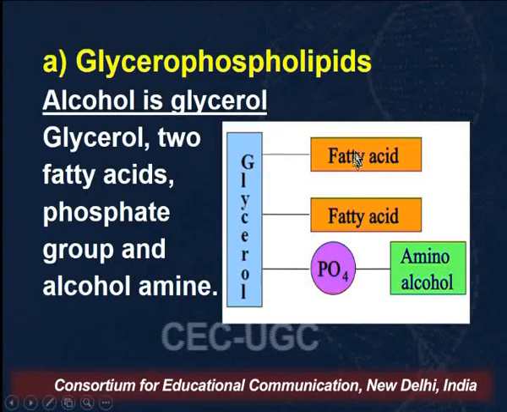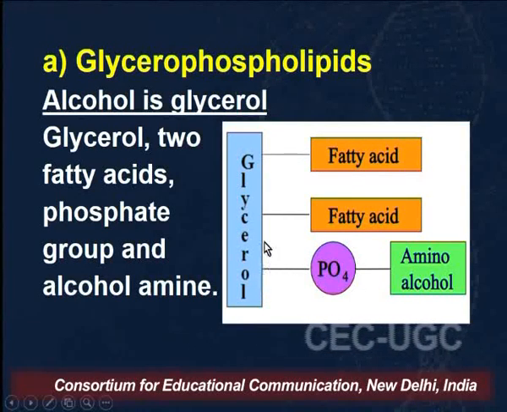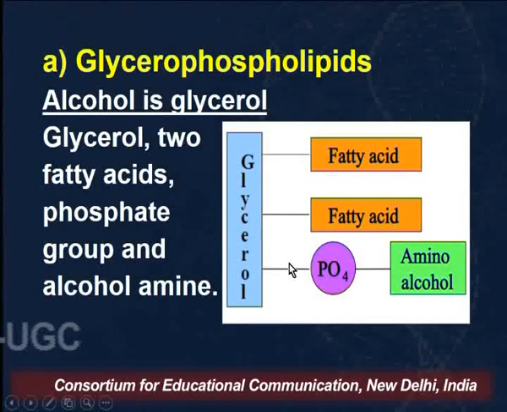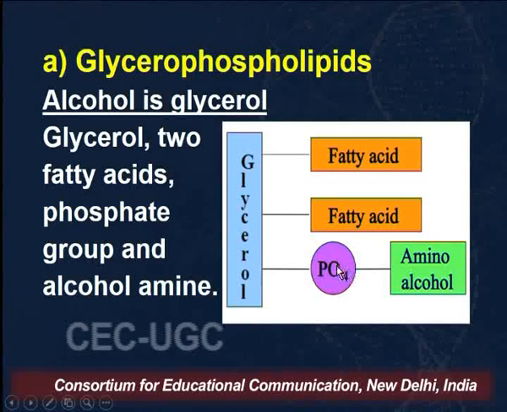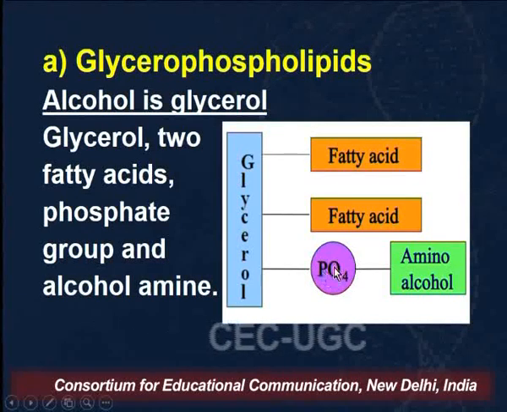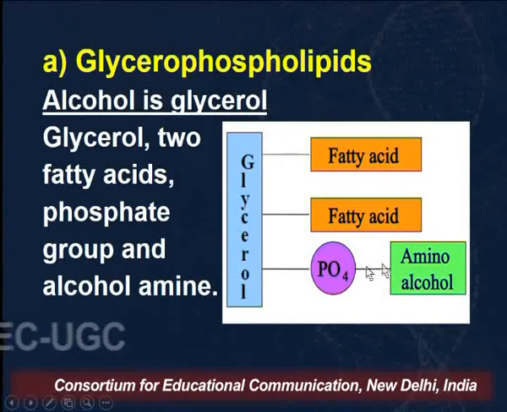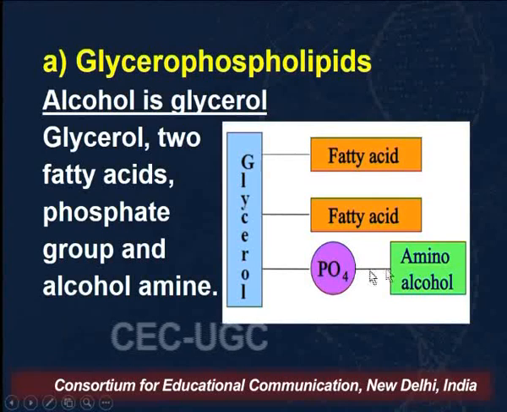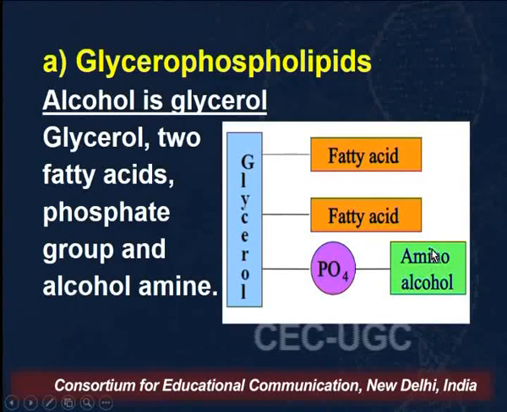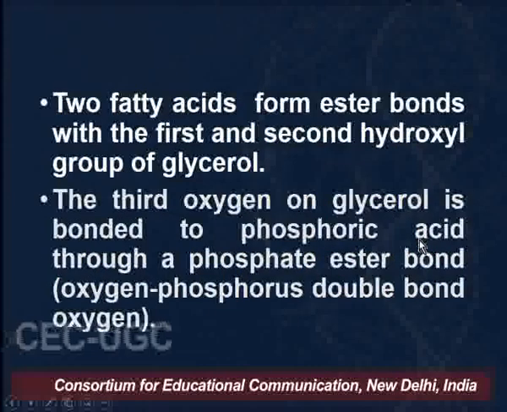Here you can see, the third hydroxyl group makes a phosphoester linkage with a phosphate group, which in turn makes a phosphoester linkage with another compound X, which may be an amino alcohol or some other non-nitrogenous moiety.